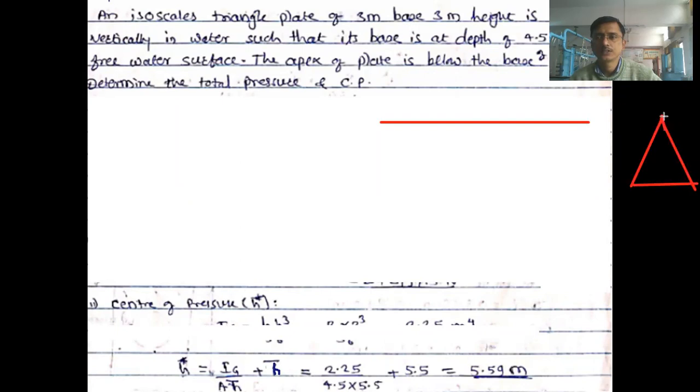This portion is called the apex and this is the base. So what is given in the problem? The apex of the plate is below the base. That means this triangle is inverted, like this. Okay.